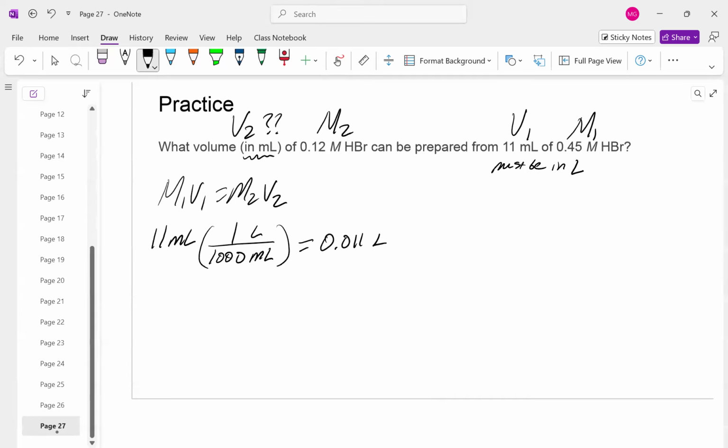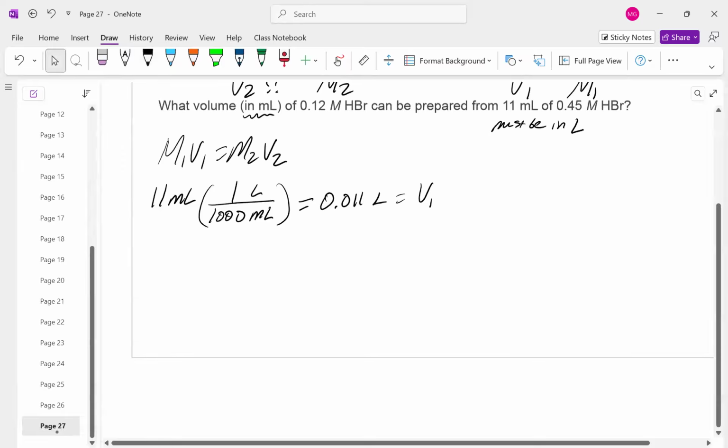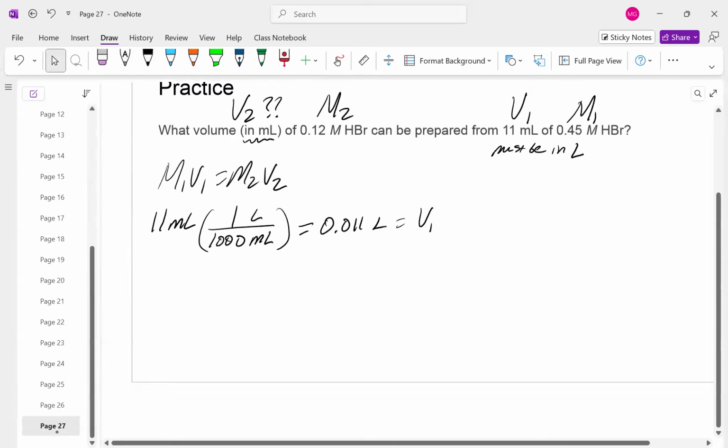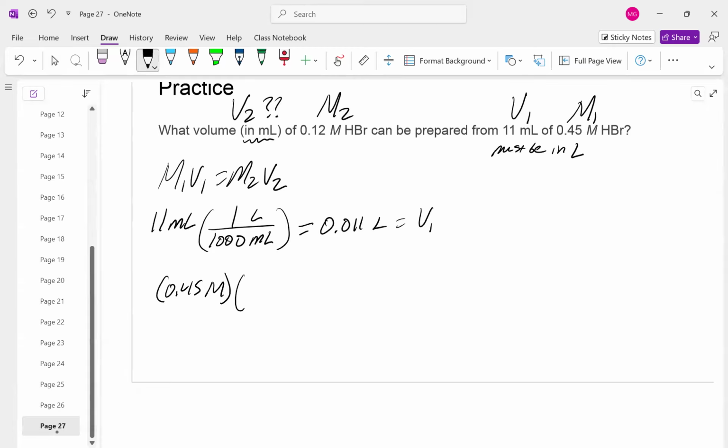And so now I'm converting that into liters. Now there's the V1 I'm going to put in. So M1 is 0.45 molar. V1 is 11 milliliters. M2 is 0.12 molar. And I'm solving for V2. So I solve for V2.